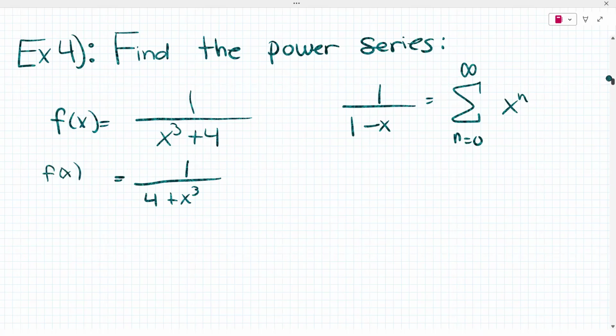And then somehow I want this 4 to be a 1, so how do I do that? Yes, divide everything by 4. It's going to be 1 over 4, since 4 over 4 is 1.